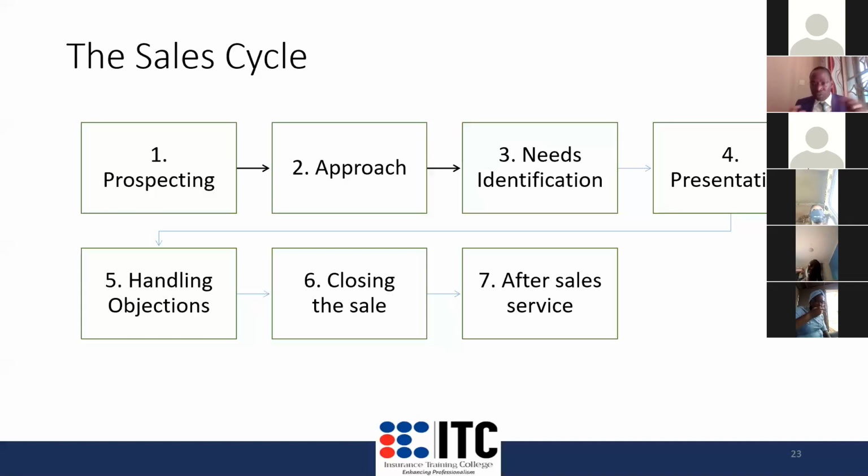Now, immediately after filling in the proposal form, the agent walks away. In that 10 to 15 minutes, the guy who went to bring the proposal form comes back, saying, here I am, I've come back with a proposal form, so let's fill it.